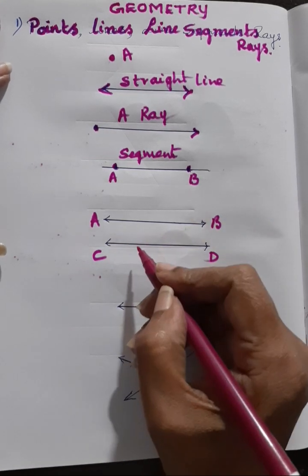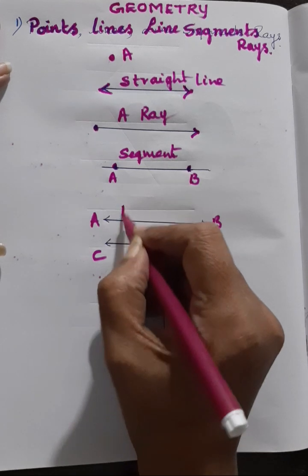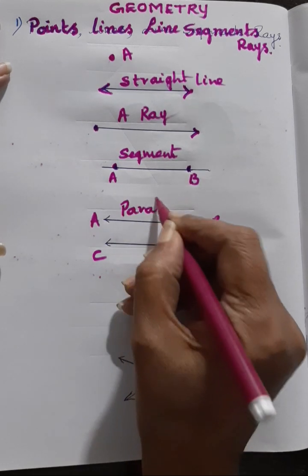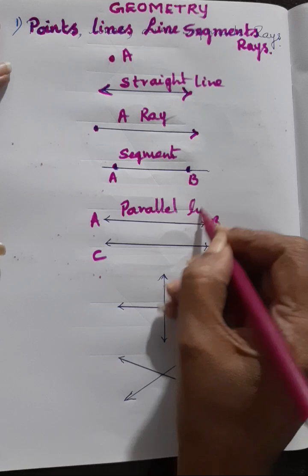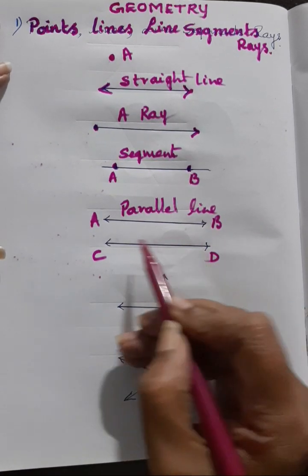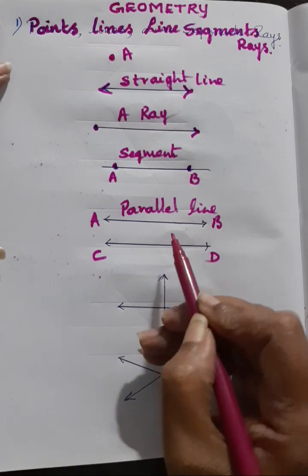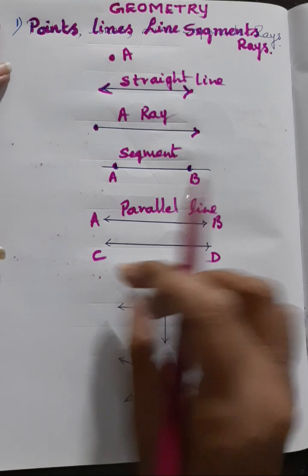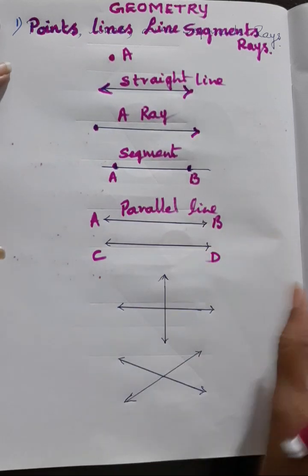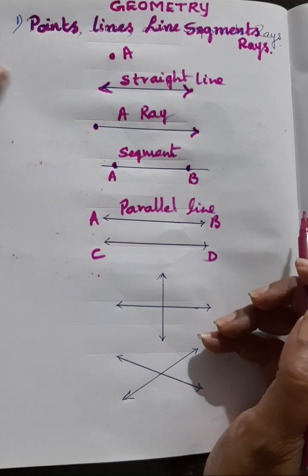So we call them parallel lines. Understood? Parallel lines means lines that never meet or intersect. Understood?